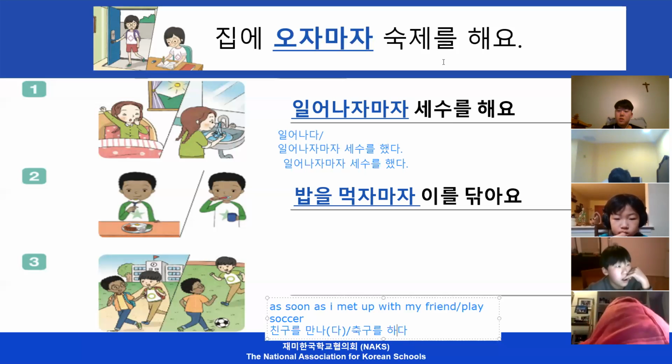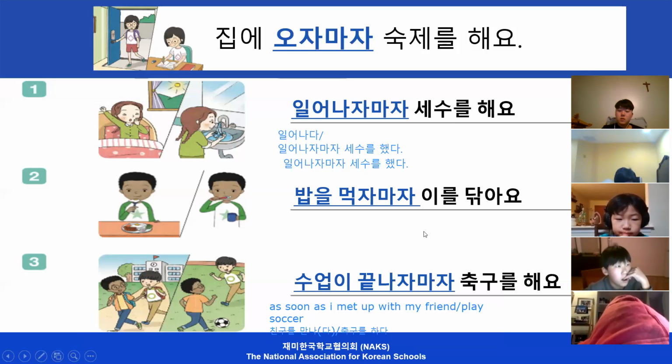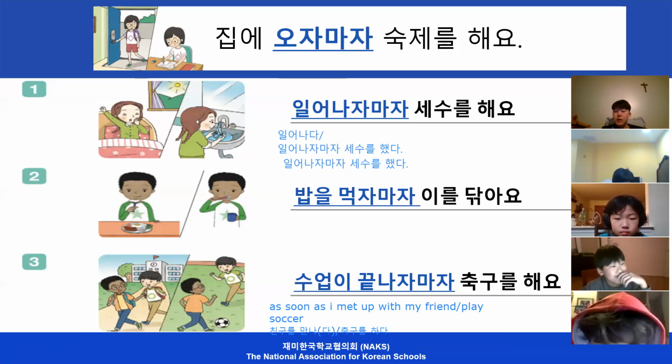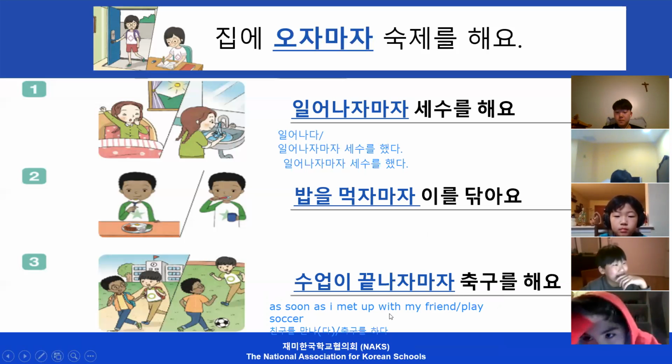So I think you got most of it correct. So what you said though, Aaron, was okay. I think it's 만나자마자. I think you said 만나보자마자. I don't think that makes sense, because that means that you're going to meet with someone. This is just saying that you're after you met someone.